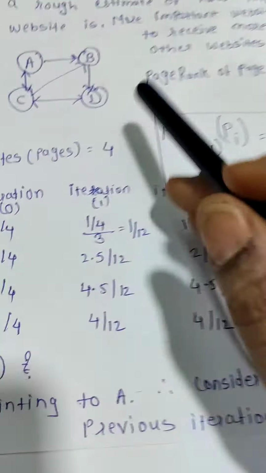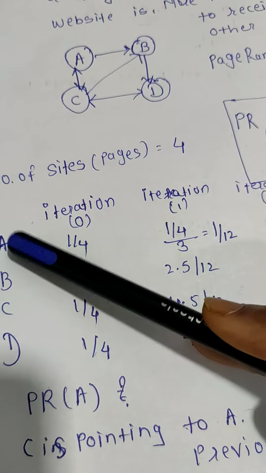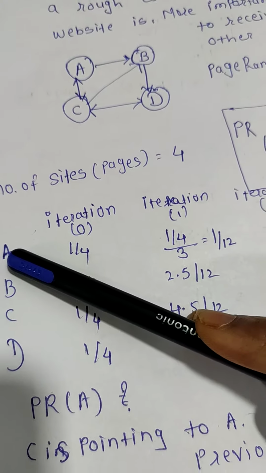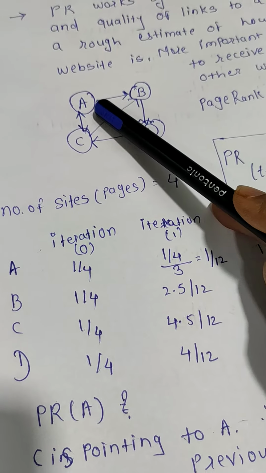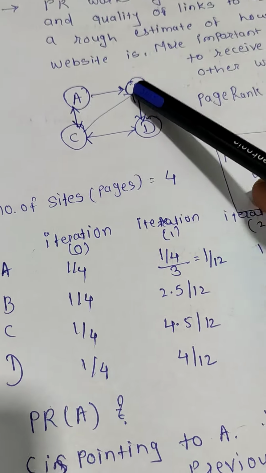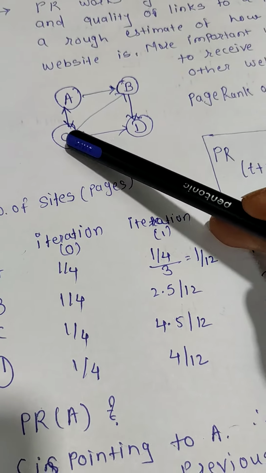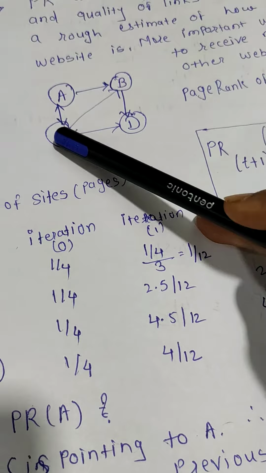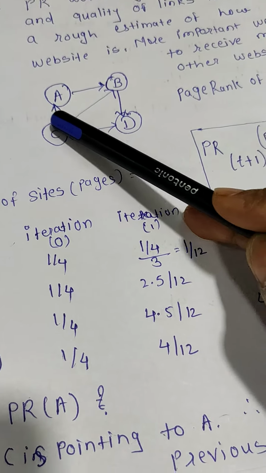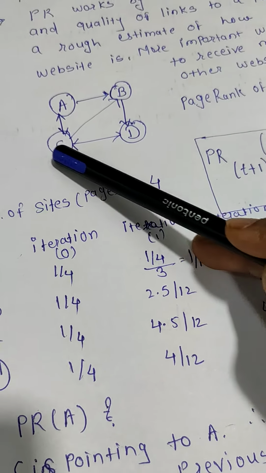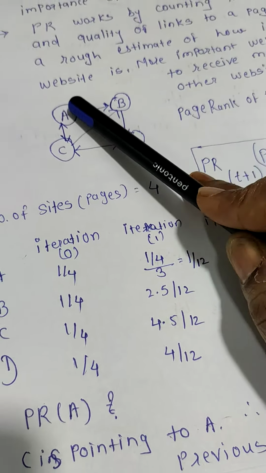So if we see this example, if we want to calculate the PageRank of page A, we have to see which other sites are pointing to site A. In this example, site A is pointed to by site C. So we have to consider the PageRank of site C in the previous iteration to calculate the PageRank of site A.